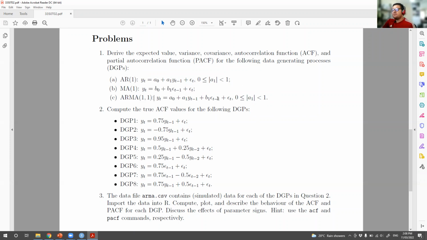So the idea today is that we're going to get a basis of how to identify some patterns that, when we analyze real life data, we can compare to the patterns that we're going to see today and say, maybe the best model for this would be an AR1, an AR3, whatever. And the way to do that is generating partial autocorrelation functions and autocorrelation functions.